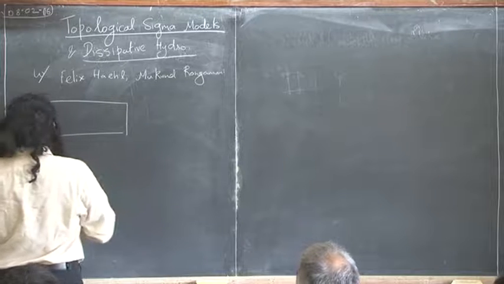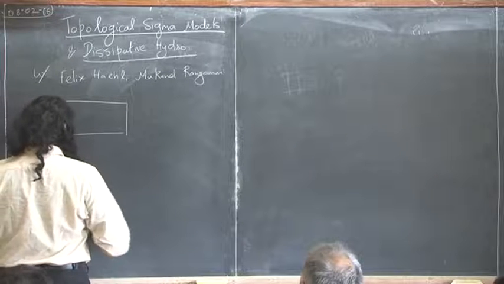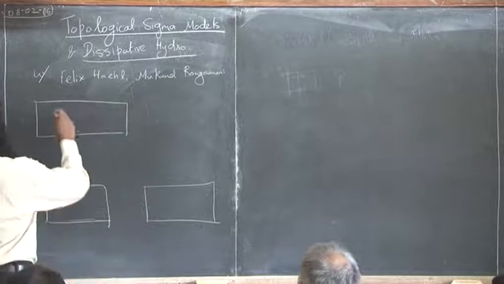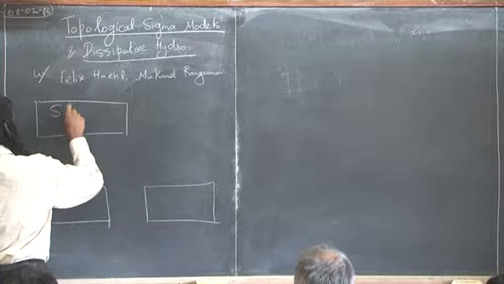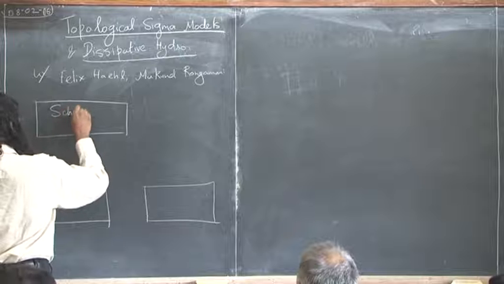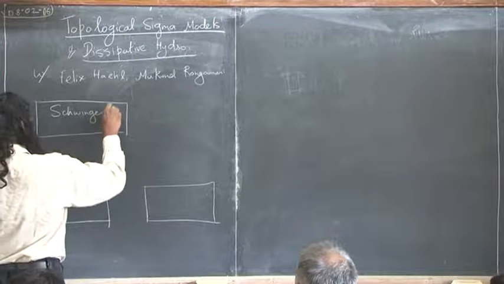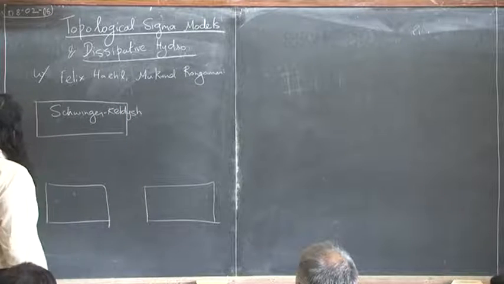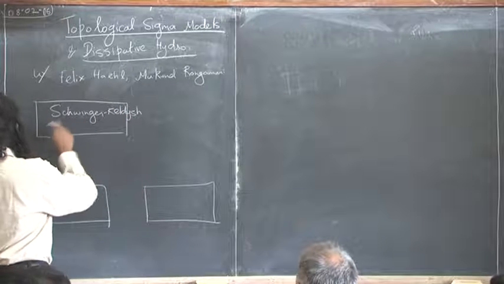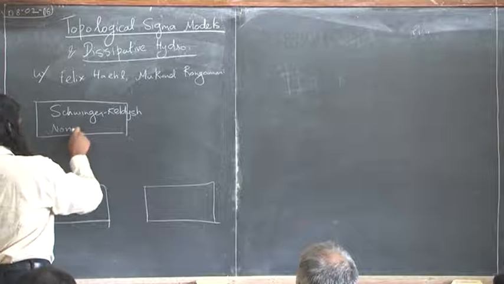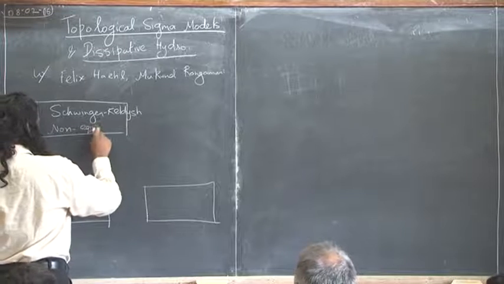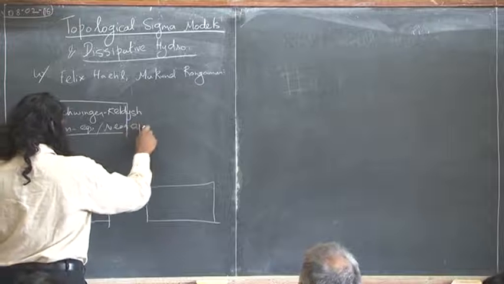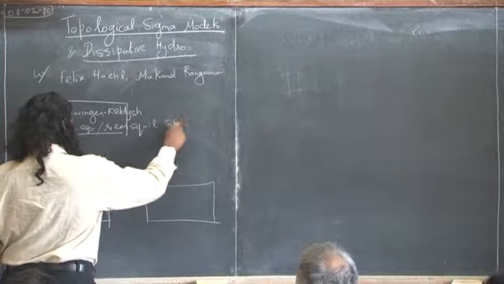which tell you the basic subjects that we are motivated by, the kind of questions that we are motivated by. The first box is Schwinger-Keldysh. This is a formalism named after these two gentlemen, which deals with non-equilibrium, but it could also be near equilibrium, quantum field theory.